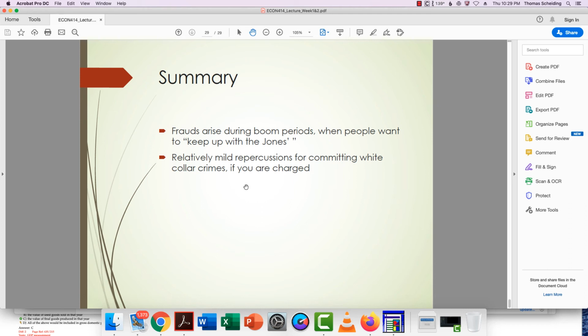But one of the things that we see with Minsky and even with Kindleberger is that stability causes instability. I'll repeat that again, that stability causes instability.